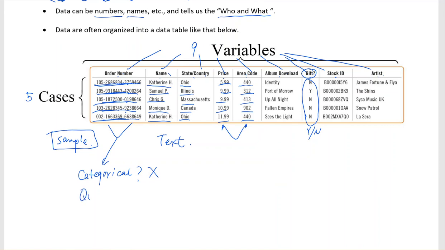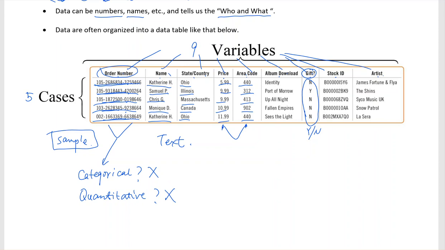Is it a quantitative variable? Do these numbers have any unit? Can they measure anything? No, right? So it is not a quantitative variable. So what is this order number variable? It is called an identifier variable.